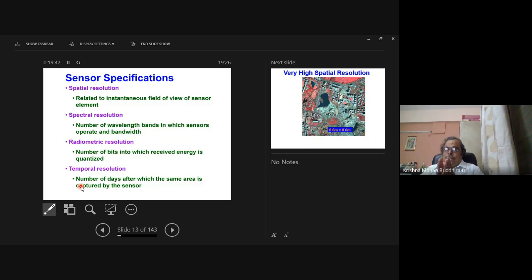That relates to the spatial resolution, the ability of the sensor to resolve between closely spaced objects on the ground. It's also related to the instantaneous field of view of the sensor element.